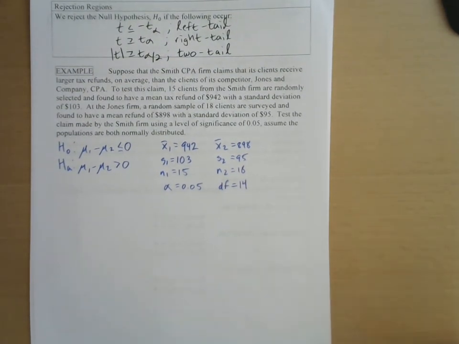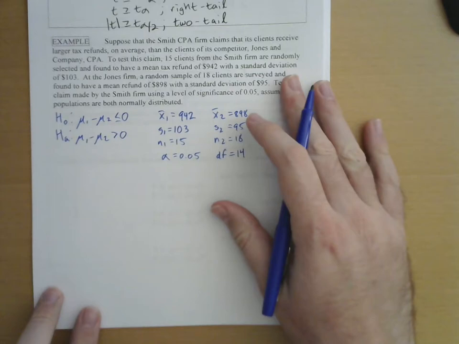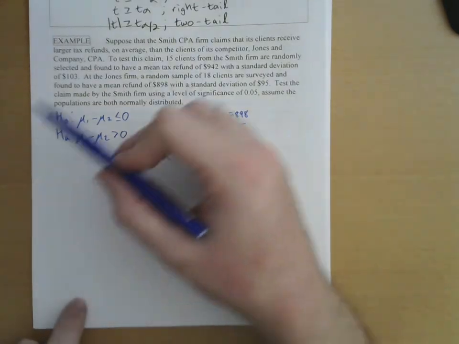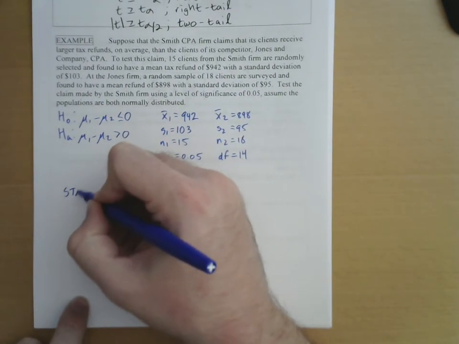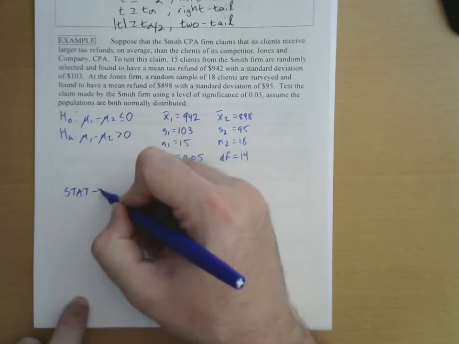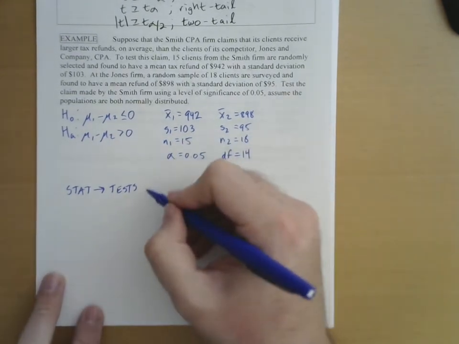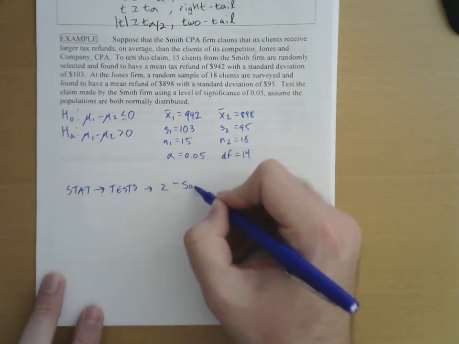So, obviously we could punch into our formula, calculate T, look up the critical T-score. But I'm going to go through how to do this in the calculator, because everything else is stuff that we've done. The hard part about this is getting it set up. So for the calculator portion, if you're doing this by calculator, you go to Stat, over to Tests, and you're looking for the 2-SampTTest.